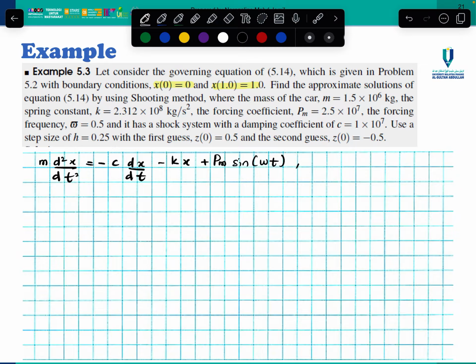So we have the conditions x(0) equals 0 and x(1) equals 1. So this is the equation.